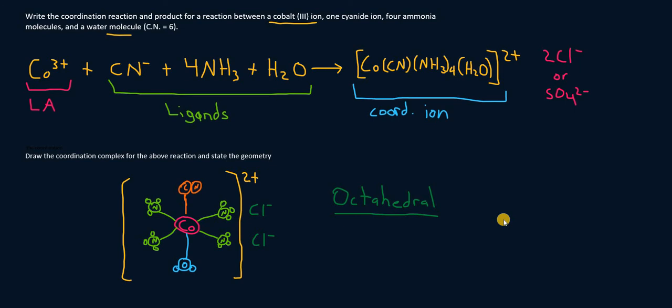If your coordination number is 2, your geometry is linear. If your coordination number is 4, your geometry is tetrahedral. If your coordination number is 6, then your geometry is octahedral. And those are the most common ones. 4 and 6 are definitely by far the most common coordination numbers. So tetrahedral and octahedral are going to be your most common coordination geometries. In this case, it was octahedral.